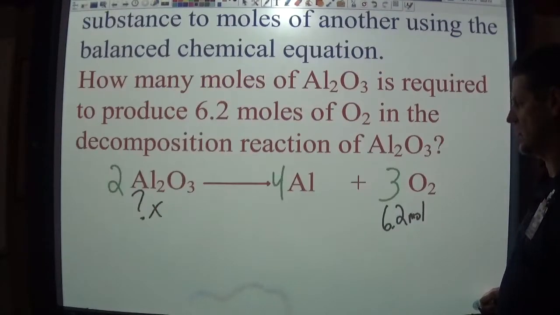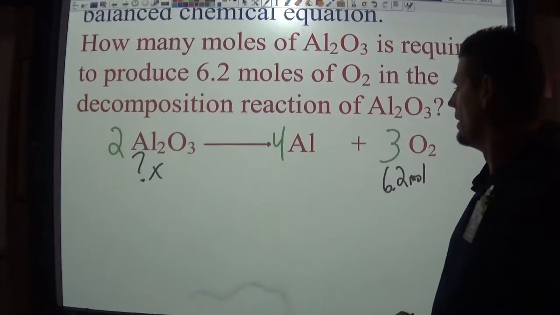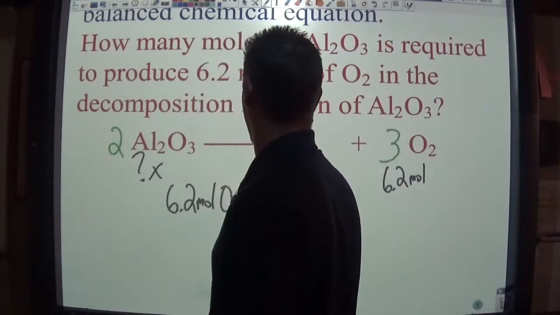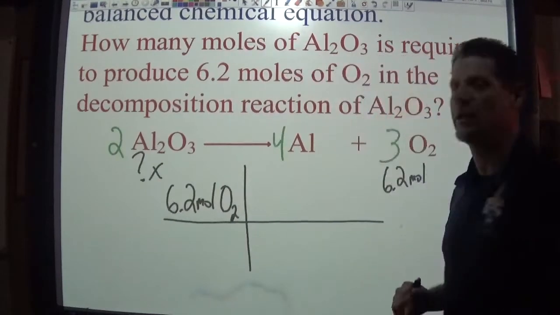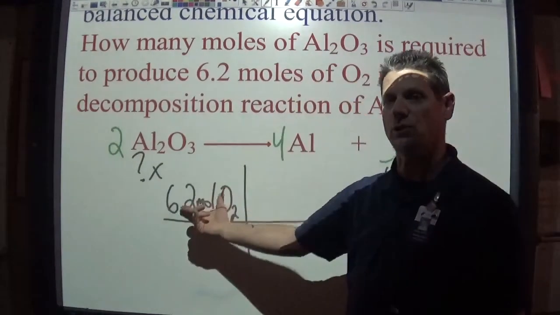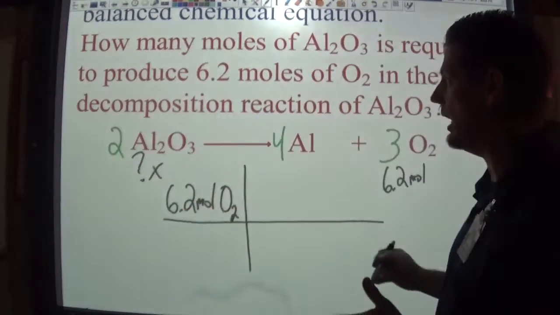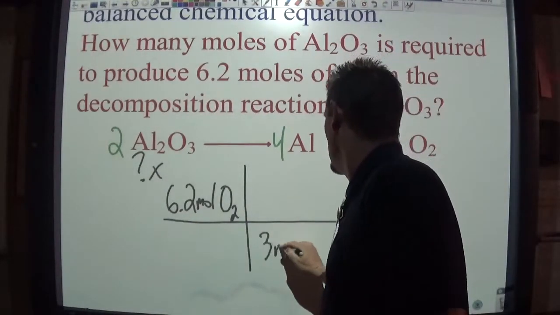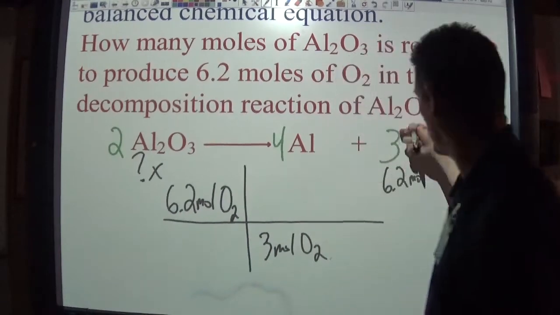So I'm just going to extend this down a little bit so we have more room. I use the dimensional analysis tracks like we've been talking about before. This is what I know I'm starting with: I'm writing down my 6.2 moles of oxygen. From here, I'm going to use the balanced equation. For every 3 moles of oxygen, this is what I have.